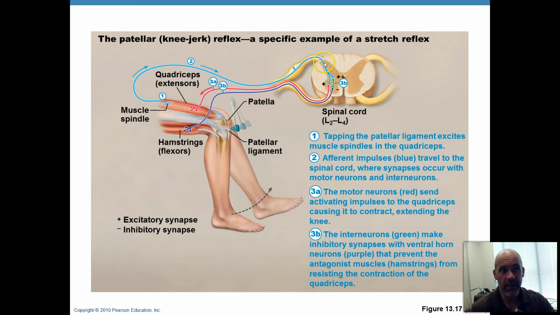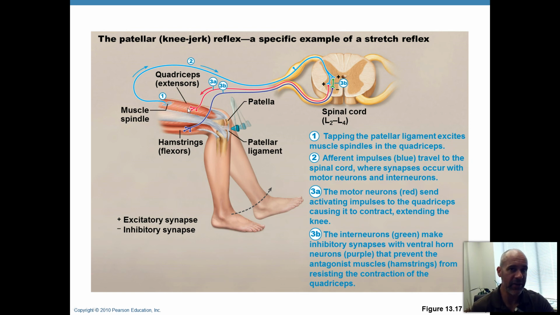All right, and then that axon, notice it branches, and this branch forms a synapse with this motor neuron, and notice we got a plus sign going on there. So it's actually stimulating this motor neuron to generate an action potential, and if we follow the axon, it's extending down to the quadriceps muscles, so it's going to stimulate the quadricep muscles to contract.